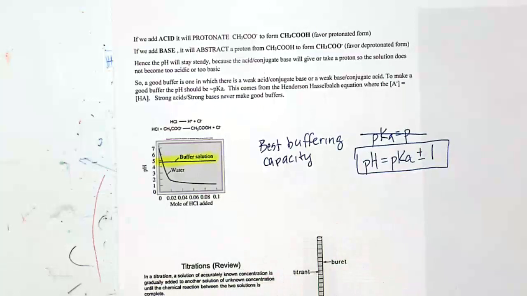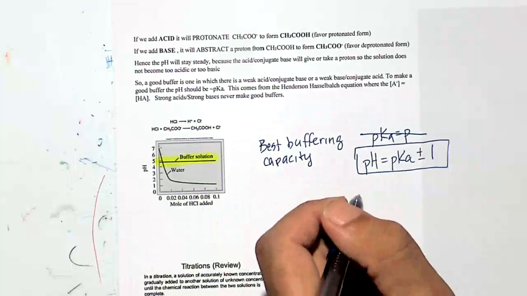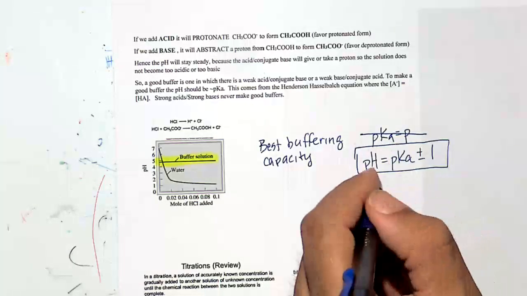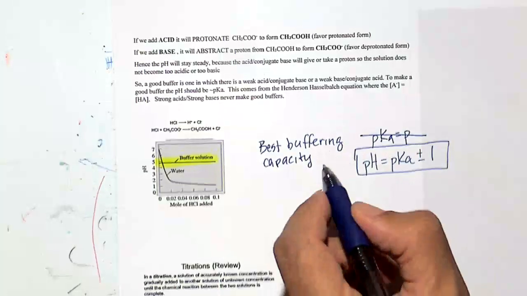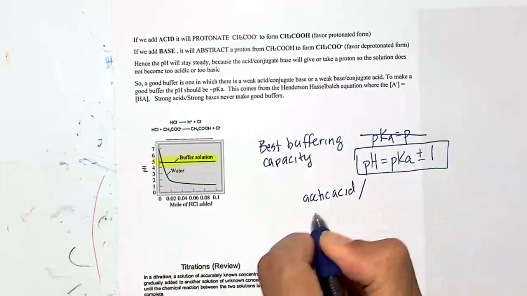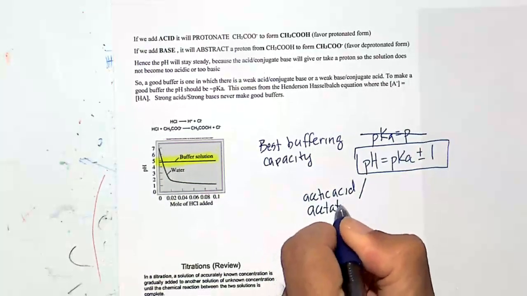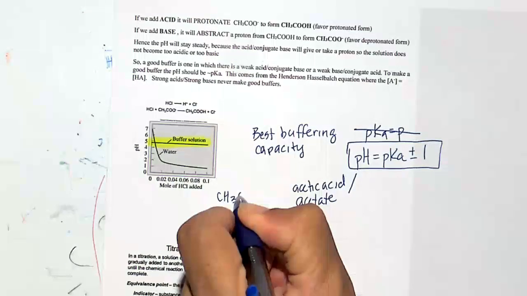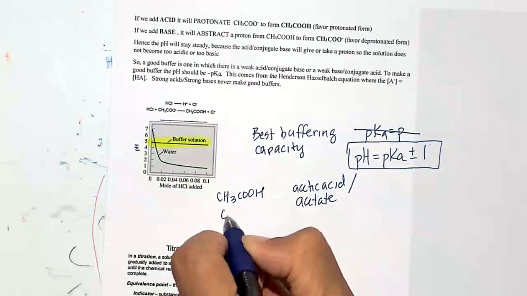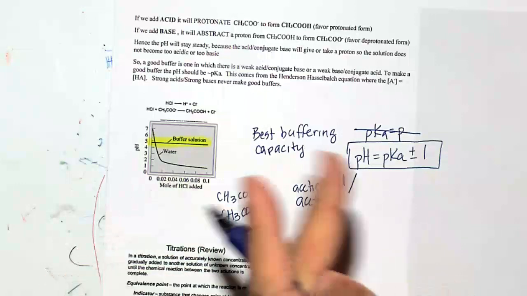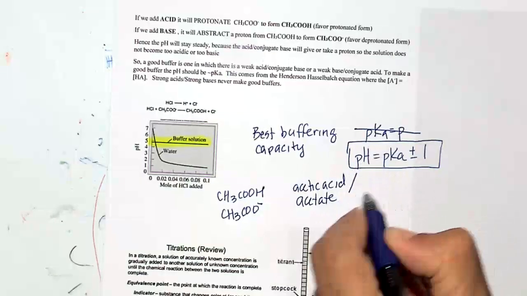So all we really need to know about buffers is that formula, and that when your pH is the pKa plus or minus 1, that's when it serves best as a buffer. So for example, acetic acid and acetate. This is a buffer. Acetic acid is this formula. Acetate is this formula. Where does this best serve as a buffer?